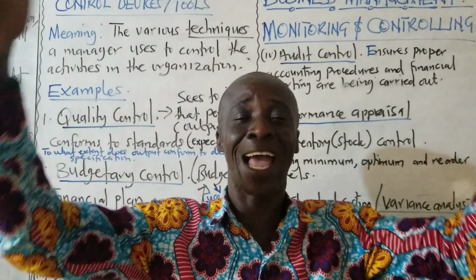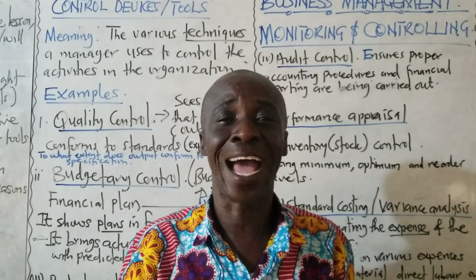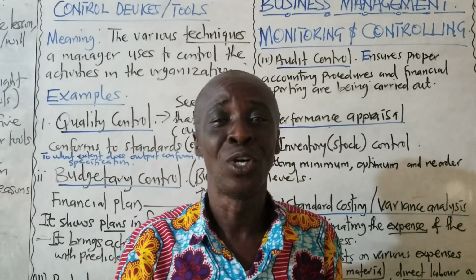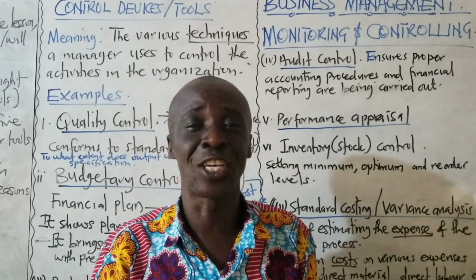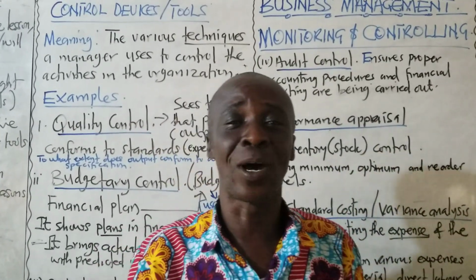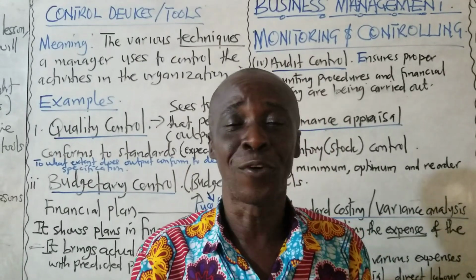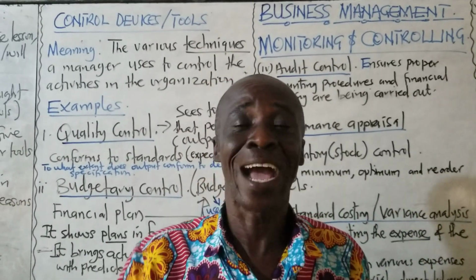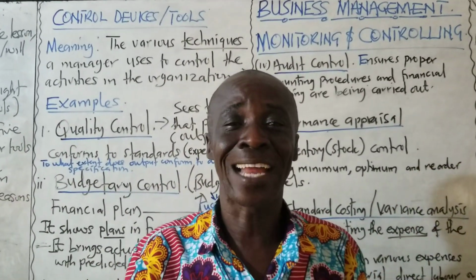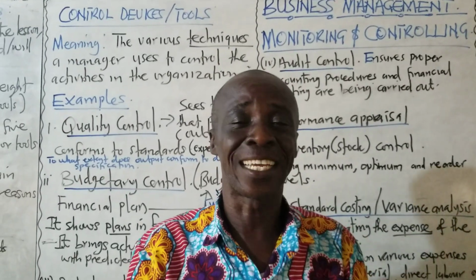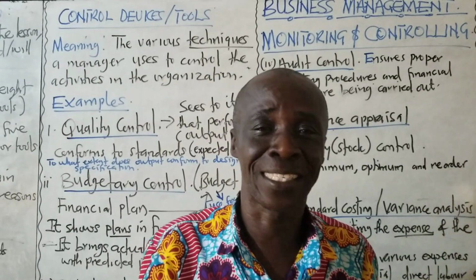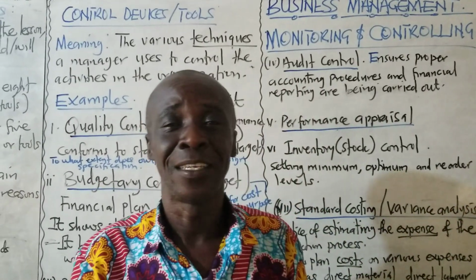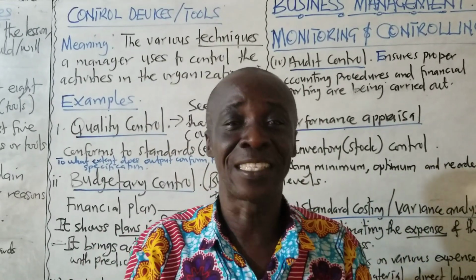When you move to a higher level, you learn other higher control tools. But for you at your level, SHS, if you know these ones, they will be okay for you. As you move to a higher level, you learn other modern techniques that managers use to control, in fact complex ones, but the ones we are going to look at are relatively simple.